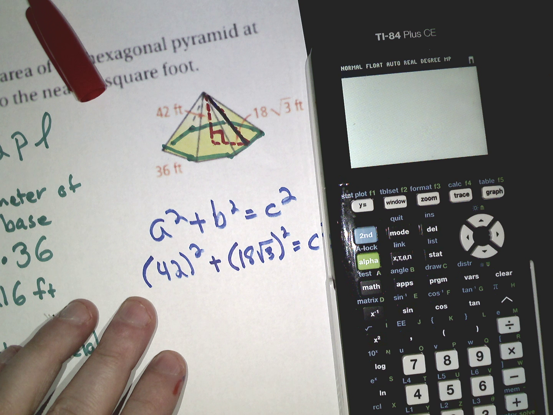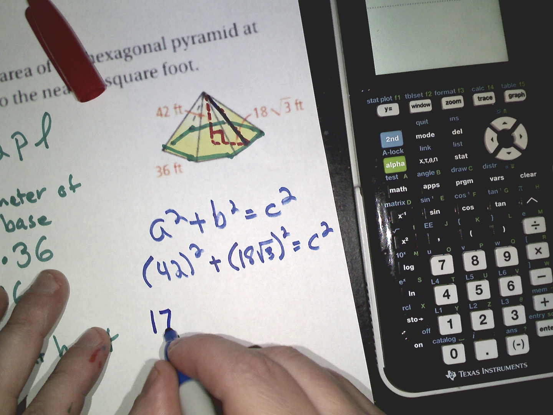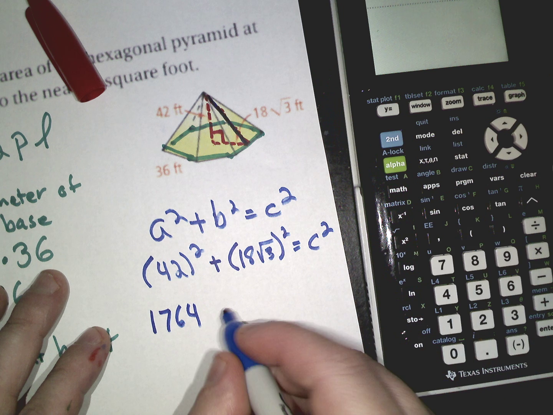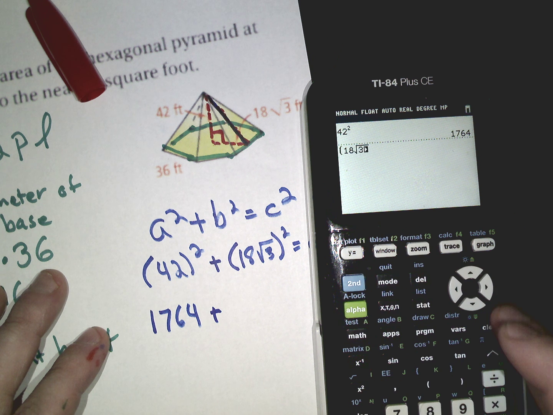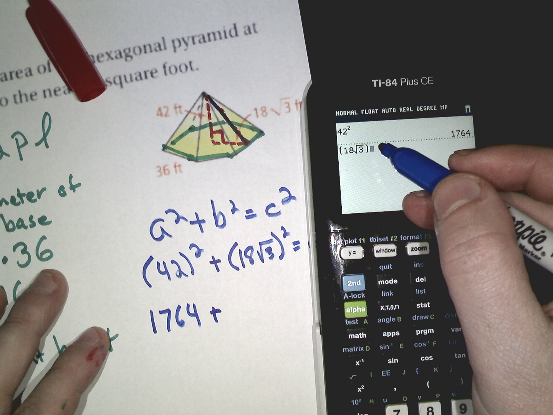So let's do 42 squared. It's going to be a huge number. 1764. Then I'm going to put in the calculator 18 times square root of 3. Make sure you don't leave the parentheses underneath the square root.